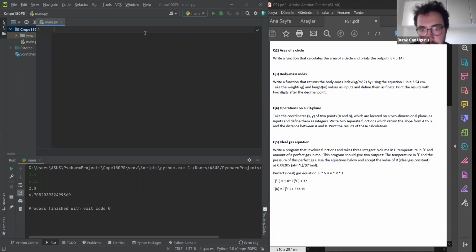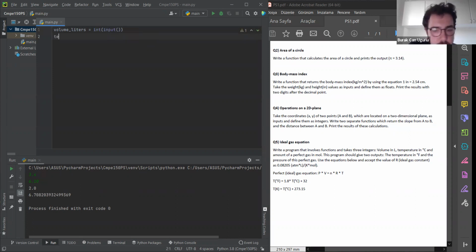So first of all, we can write our inputs as volume in liters, and we can take them as integers. Yes, it says that.